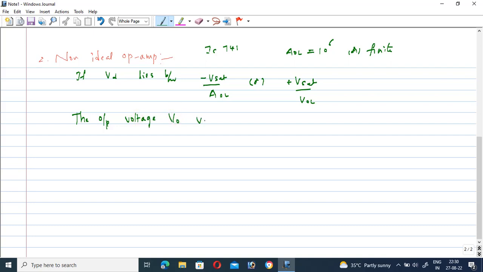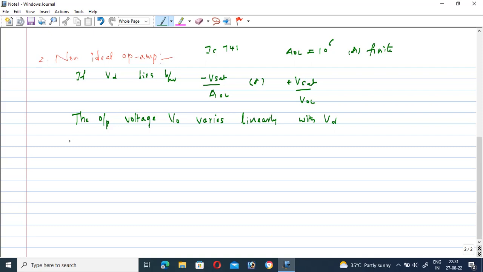If VD is outside the above range, V0 remains constant at plus Vsat or minus Vsat.